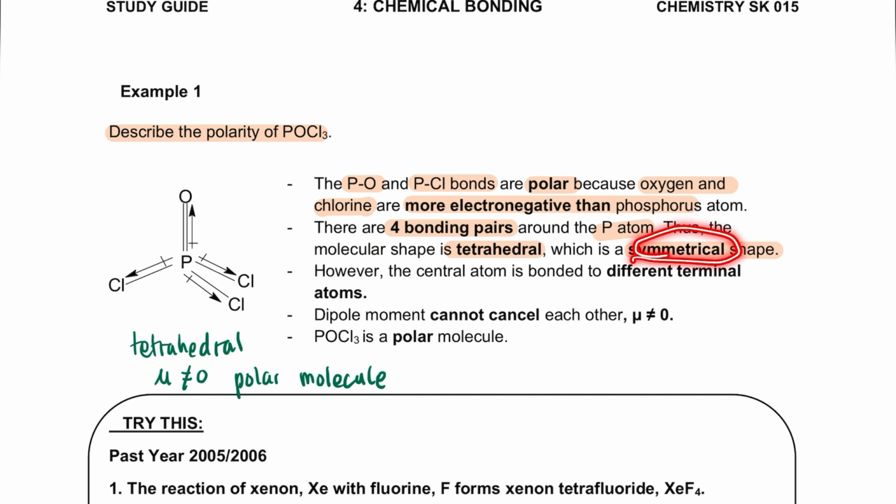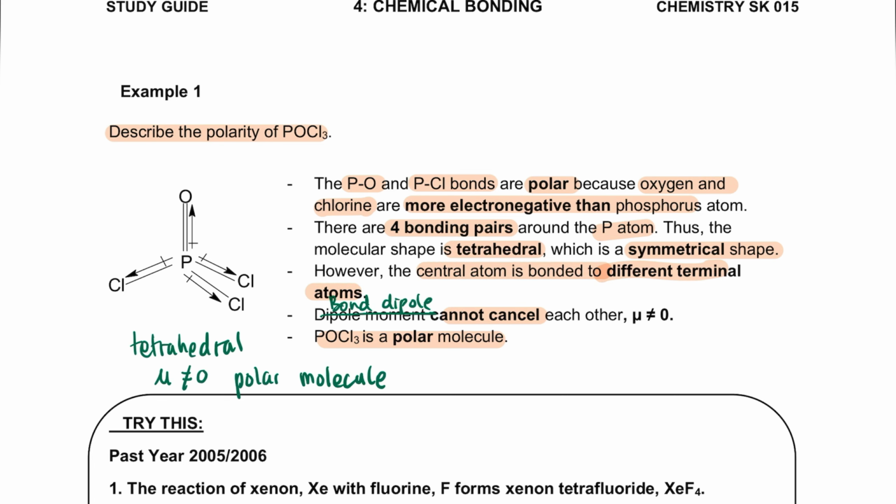But this one is symmetrical. So dia kena mention about the terminal atom lah. So dia kata however the central atom is bonded to different terminal atom. Ialah sebab ada O, ada Cl. Okay, so dipole moment cannot cancel each other. Atau sini kita tukar lah, dia jadi bond dipole cannot cancel each other. Mu not equal to 0. So POCl3 is a polar molecule. Okay, so make sure in your explanation letter ada benda-benda ni lah.